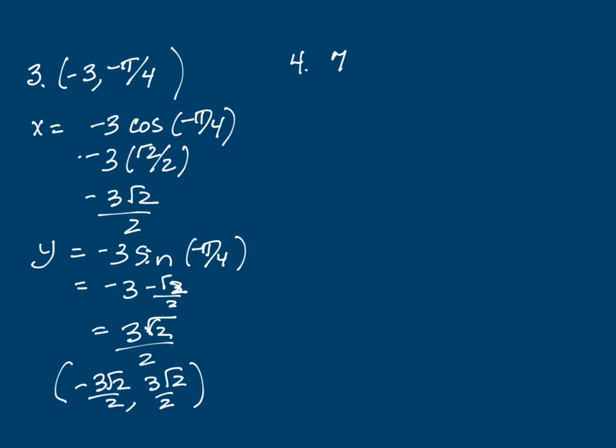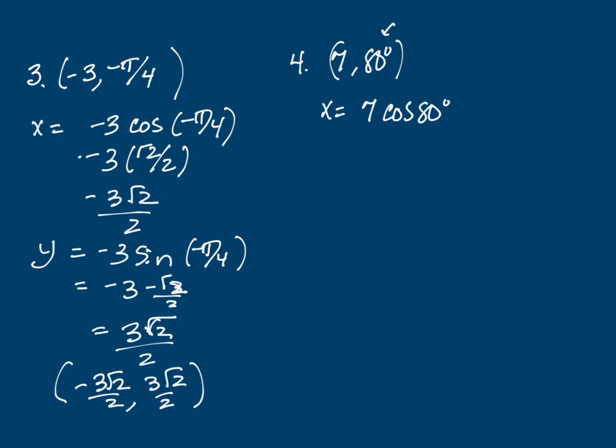We have 7 and 80 degrees. So make sure your calculator's mode is set to degrees. And then you would say x equals 7 times the cosine of 80 degrees.